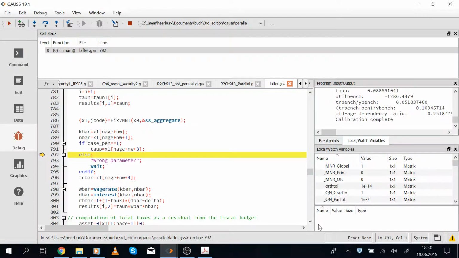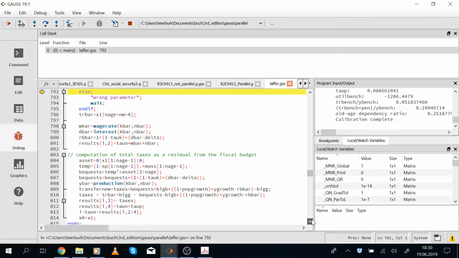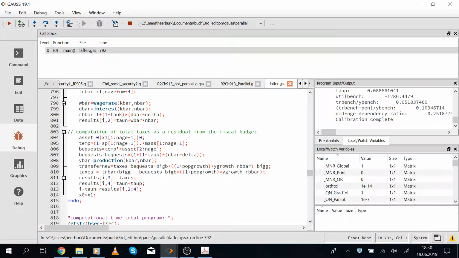And in the remaining lines we compute the equilibrium values, and in particular in lines 811 and 812 we compute total taxes and store these values for later display. We compute total taxes by using the government budget.